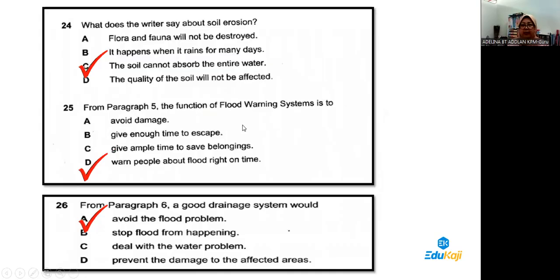It can be very clear cut, it can be direct to the point, or sometimes you have to think of the answer. Okay? Alright. So this is how comprehension questions are actually given to students, and this is how we do it. And they will give you paragraph 5, paragraph 6, and so forth.